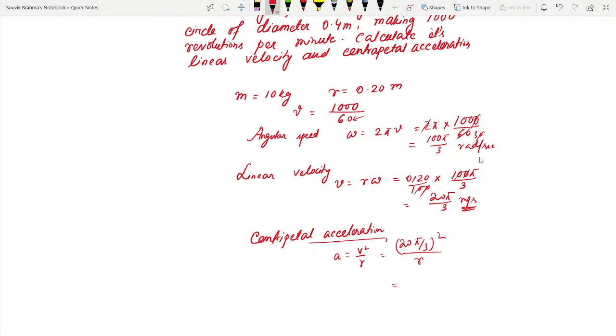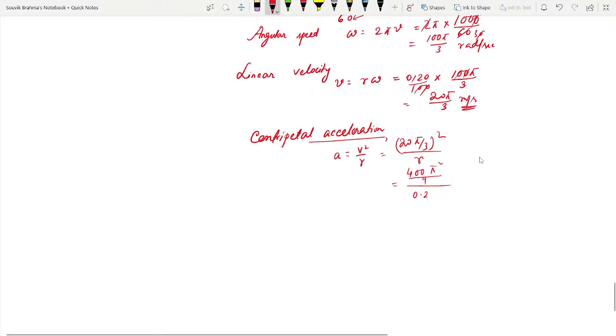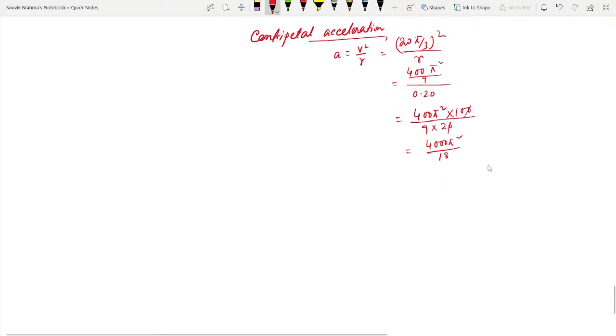So 400 pi square by 9 divided by 0.20, which gives 4000 pi square by 18, or 2000 pi square by 9 meter per second square.